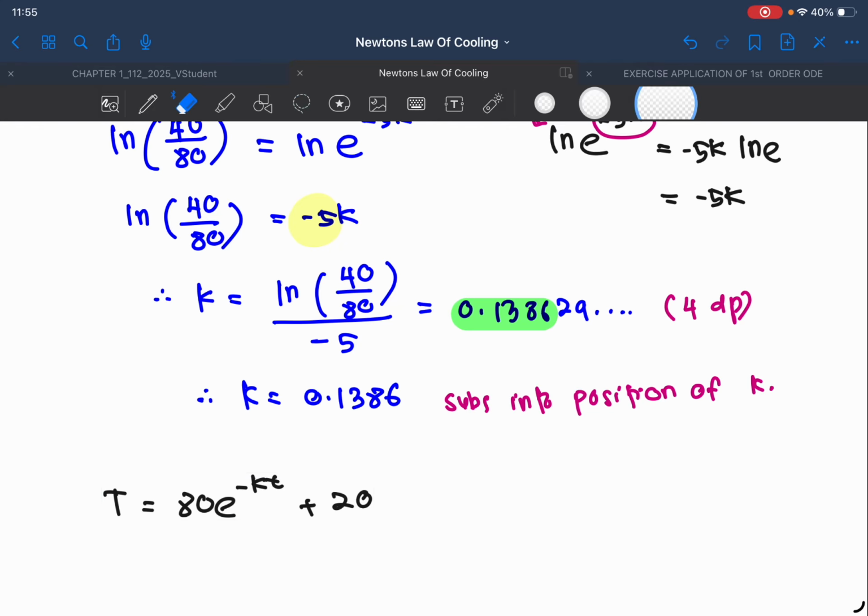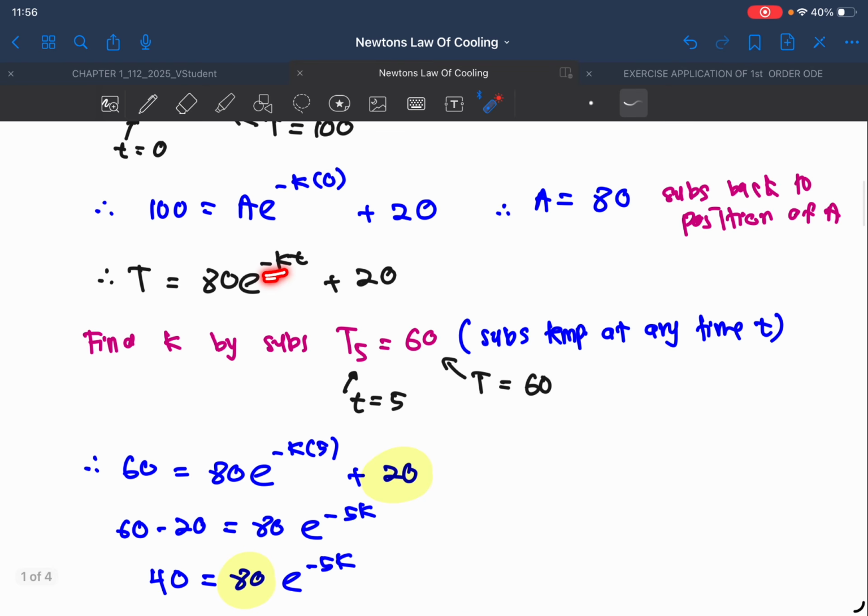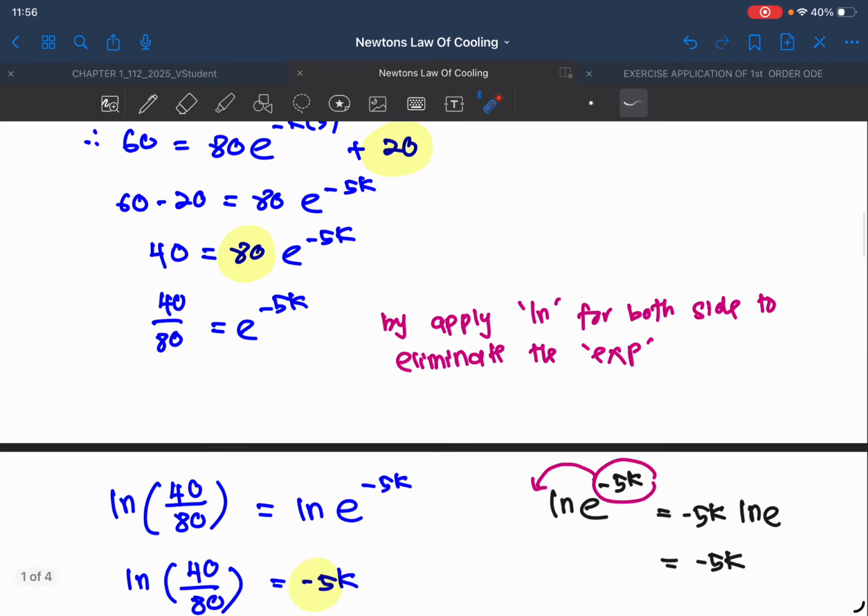Now our k is equal to negative 0.1386 t, because we have the negative from here, we have kt. So even though our k is equal to 0.1386, when we substitute here, we still have the negative.